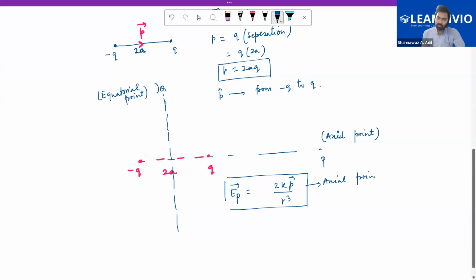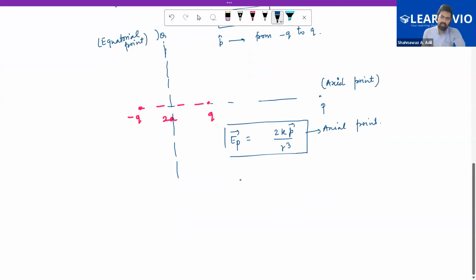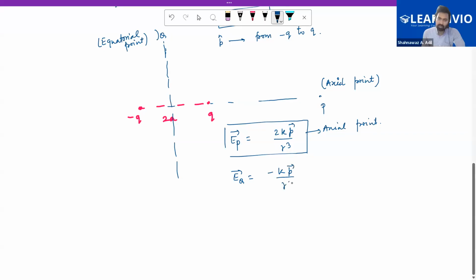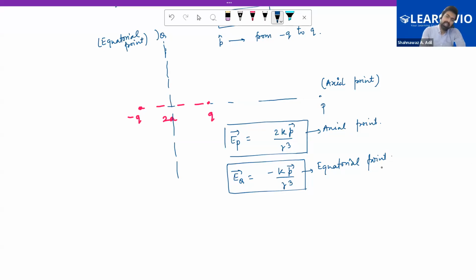Do you remember this? And then what is the electric field at the equatorial point? This is minus kP by r cube. This is equatorial. If you want the derivation at any point, you can also tell me, but just remember this.